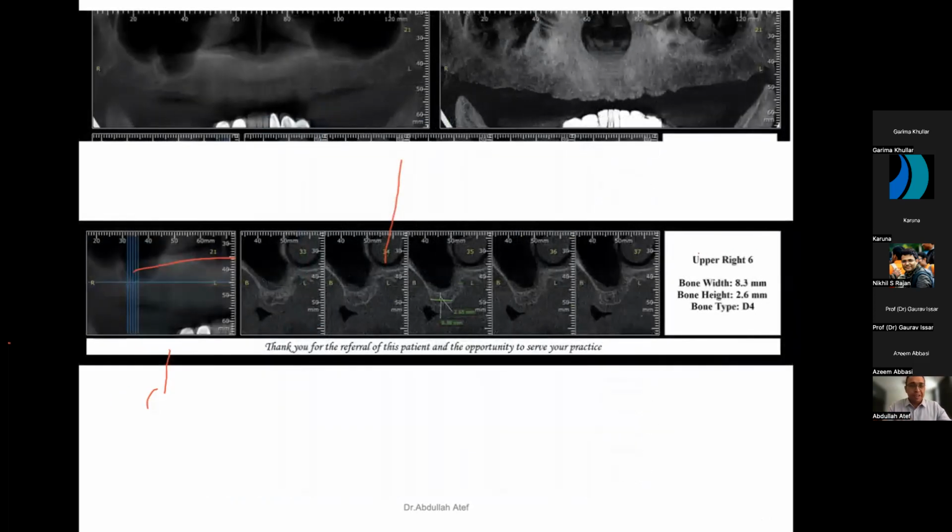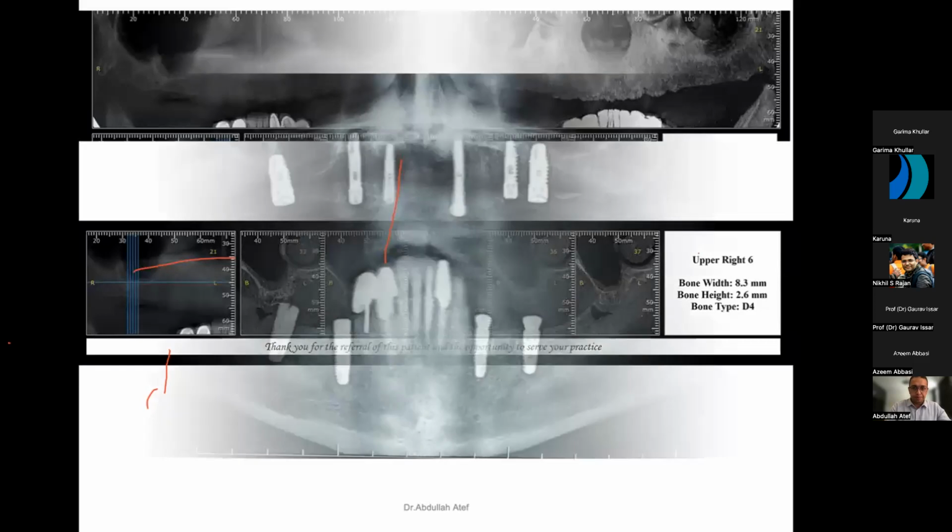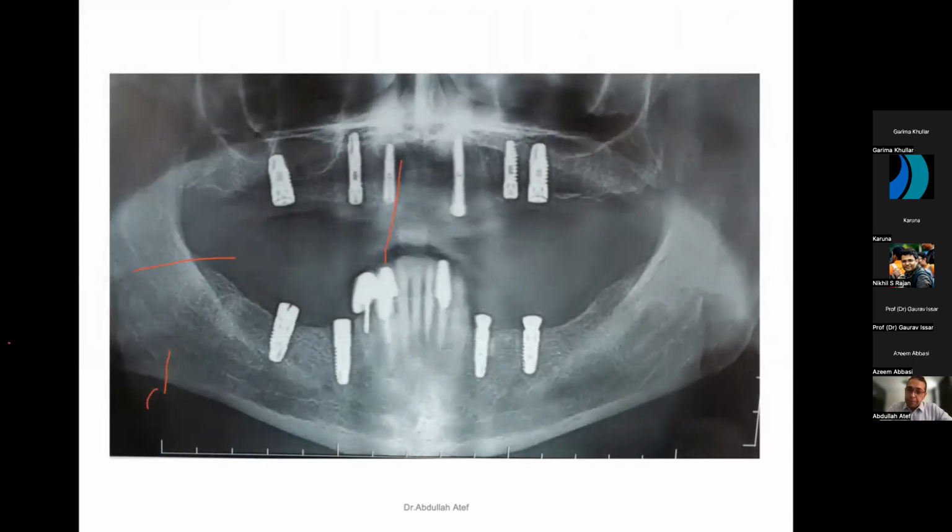We have enough bone support, so we place the implants with a very normal surgical phase, with flapless implant surgery in a very simple way. We also need to make some closed sinus lifting on the left and right maxillary sides.